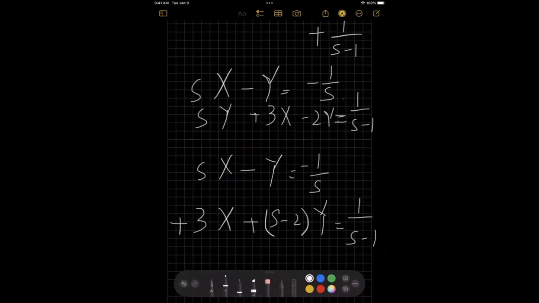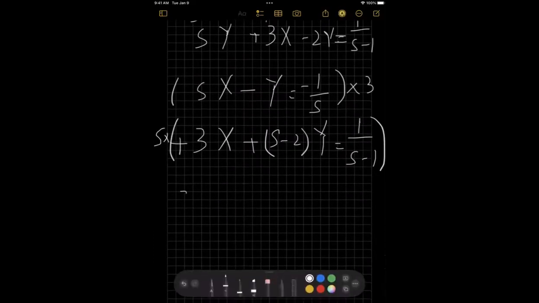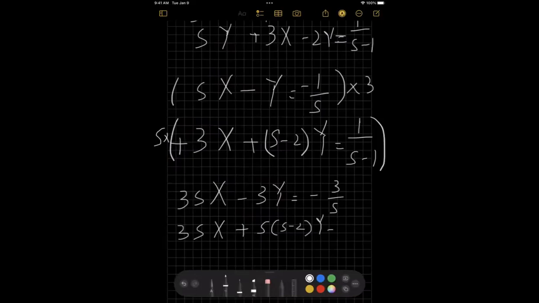Multiply the first term with 3, and the second term with s. We will have 3sx minus 3y equals minus 3 over s. Here we will have 3sx plus s into s minus 2y equals s over s minus 1.